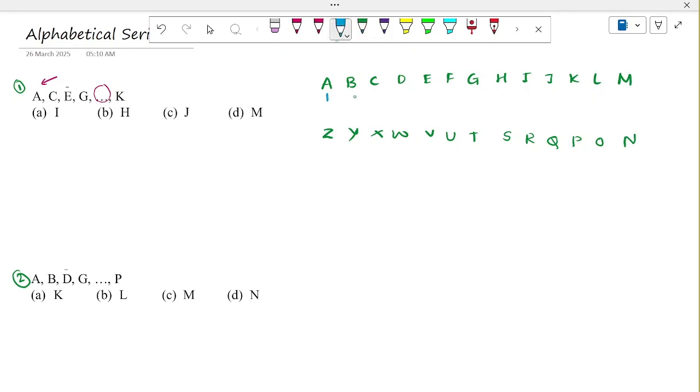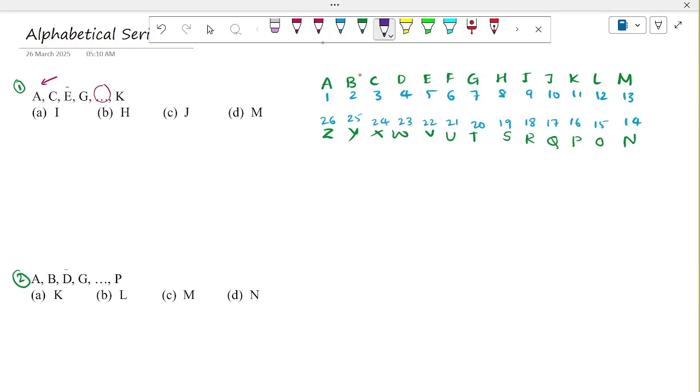Then you just go on writing 1, 2, 3, up to 26. I'll tell you why I have written it like this.